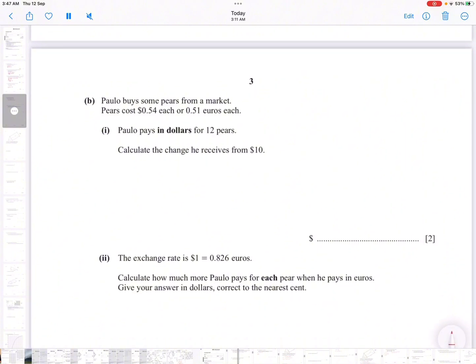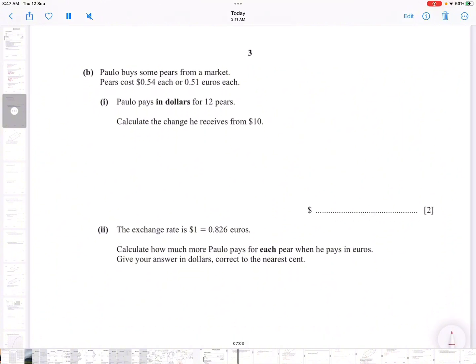Part B says Paulo buys some pears from a market. Pear costs $0.54 each or €0.51 each. Paulo pays in dollars for 12 pears. Calculate the change he receives from $10.